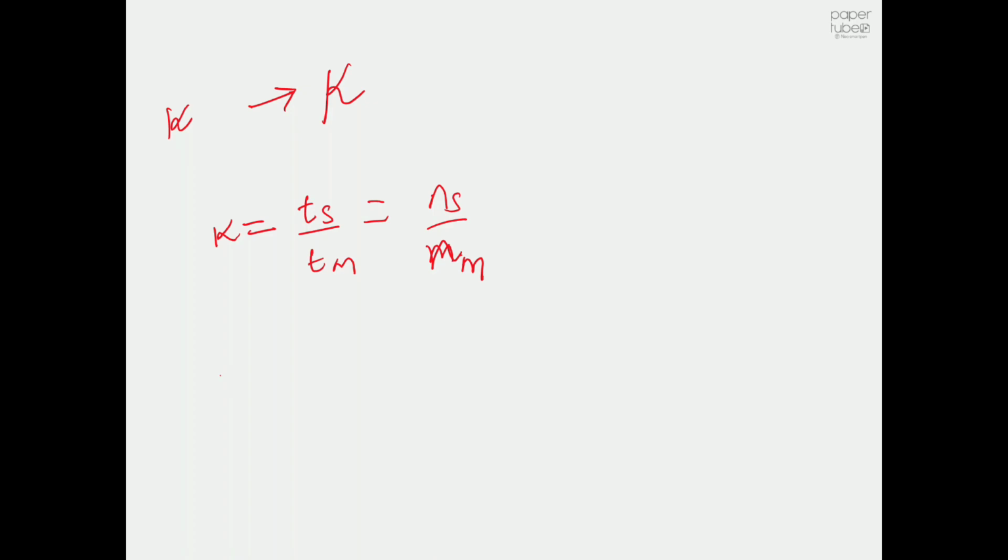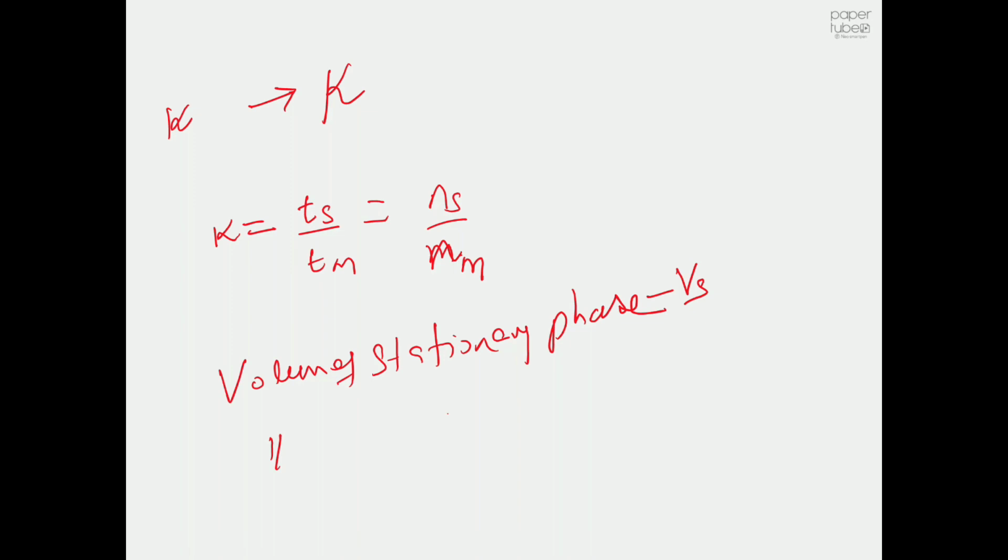Let's say the volume of stationary phase, let's give some notation Vs, and the volume of mobile phase, let's call it Vm.